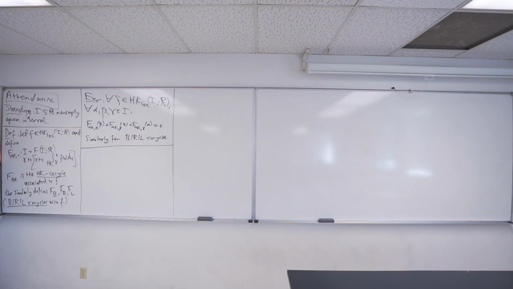Here, instead of having a sequence, this is sort of like a parameter. So this family of functions is parameterized by points on the interval. For each gamma, there's a new function. So you should think of gamma as your initial condition, and F sub gamma is the function that satisfies that initial condition.